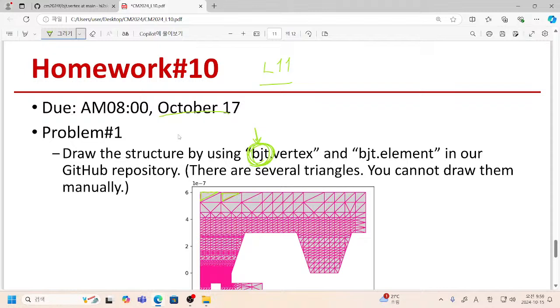So in lecture 11, we will try to solve quite a simple equation on a given structure. By using that technique, you can treat 2D or 3D problems without much difficulty. That is my hope.